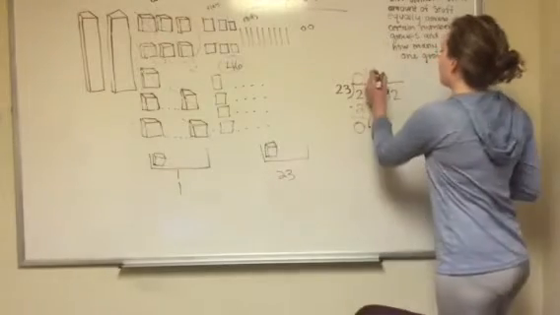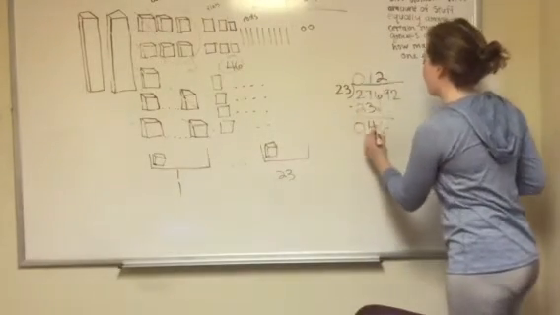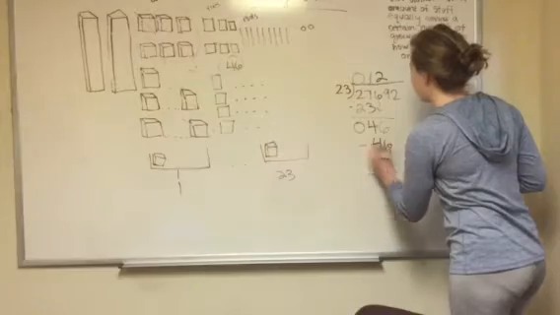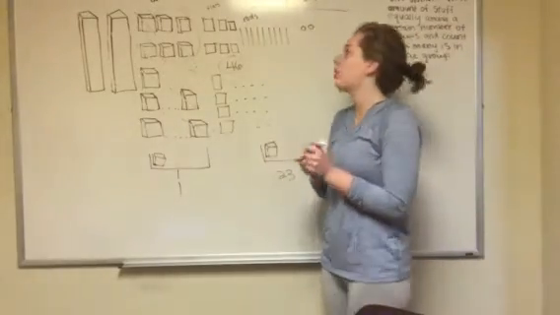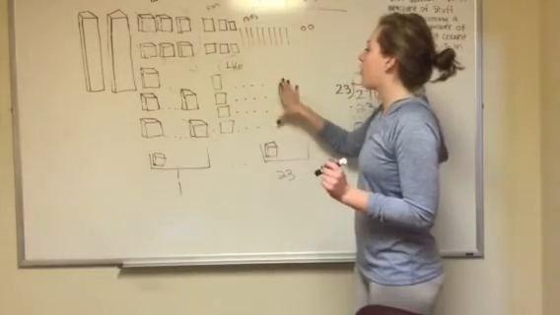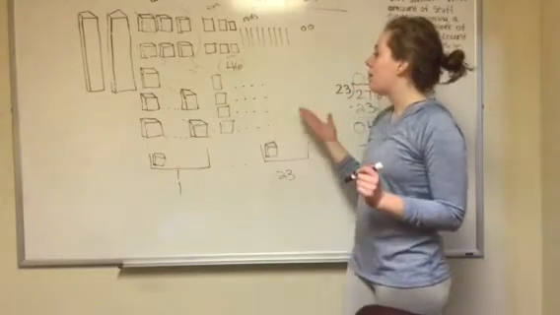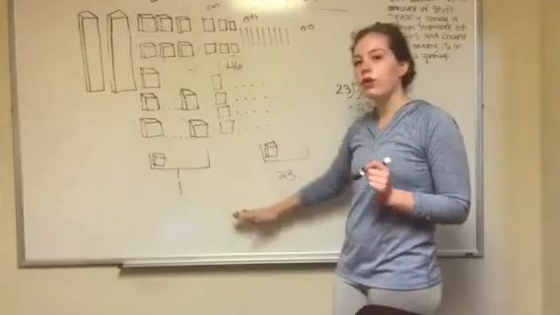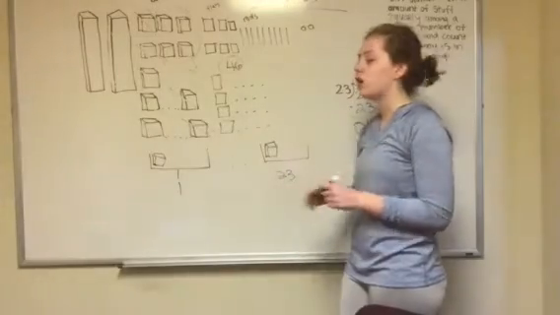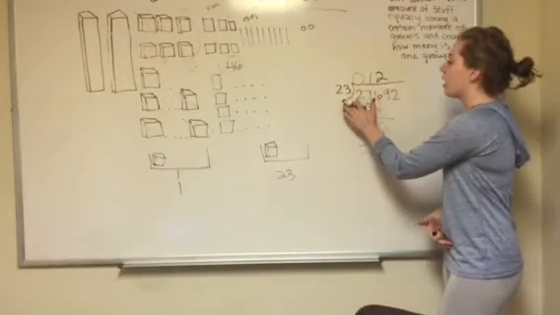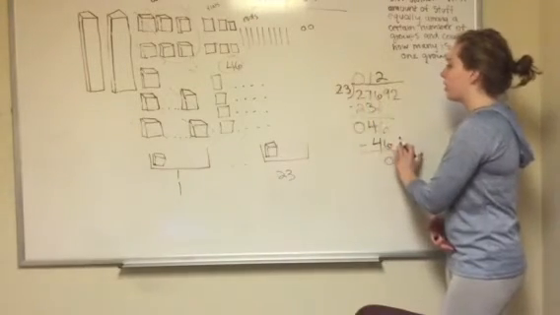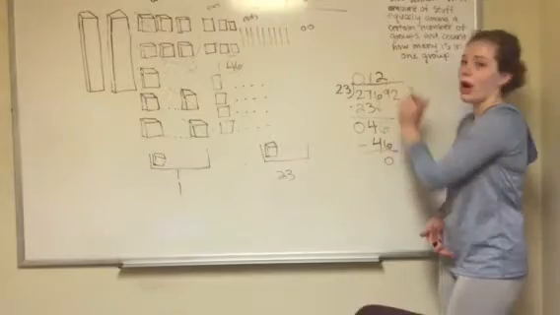Well, that is 2, giving us 46. And over here, that is because we needed to break down our 46 flats, meaning that each of our groups are given 2 flats, because 23 goes into 46 equally twice.